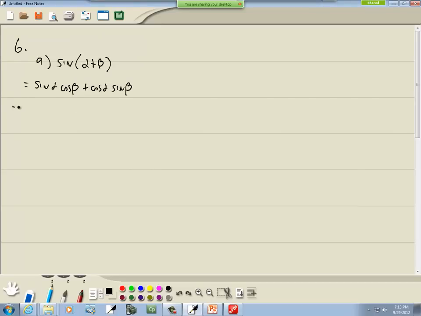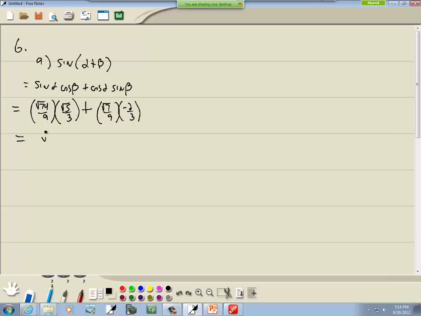Now from the previous page, we said sine alpha was square root of 74 over 9, cosine beta was square root of 5 over 3, plus cosine alpha, which was square root of 7 over 9, times sine beta, which was negative 2/3.